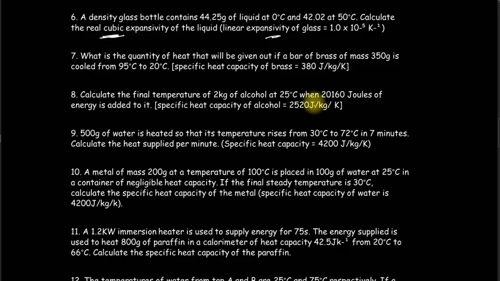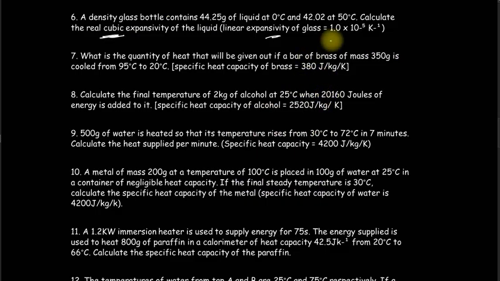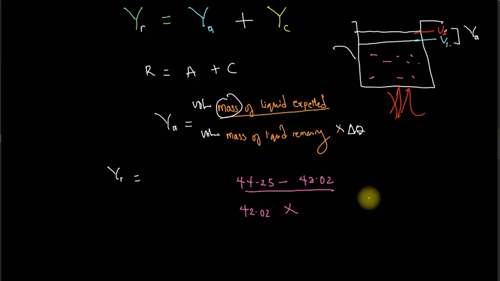The mass remaining is what? 42.02 at 50 degrees, times the rise in temperature. The rise in temperature is from 0 degrees to 50, so 50 minus 0, that's 50, right? If we were to simplify, remember we're calculating our apparent cubic expansivity first before anything else.